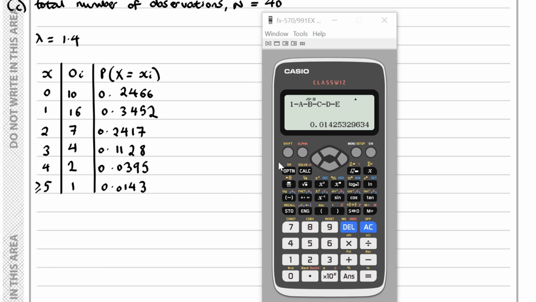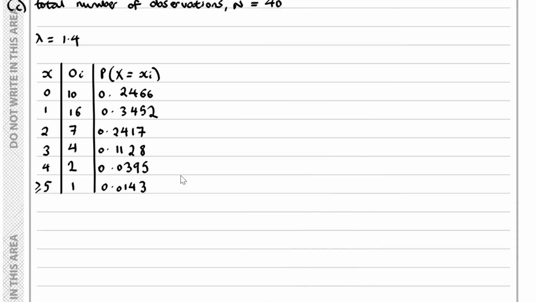Okay, and we know that n is equal to 40. So what we'll do is we'll store this into F, and we will multiply each of these by 40.